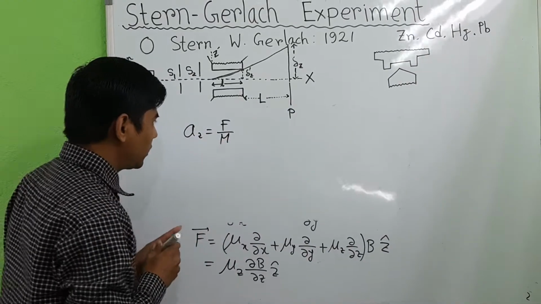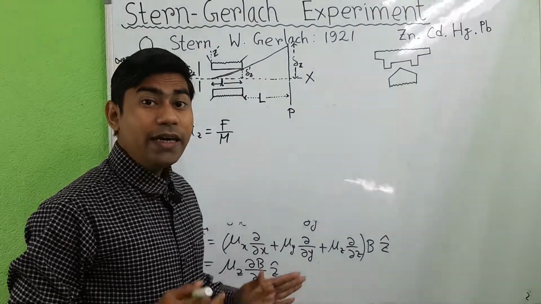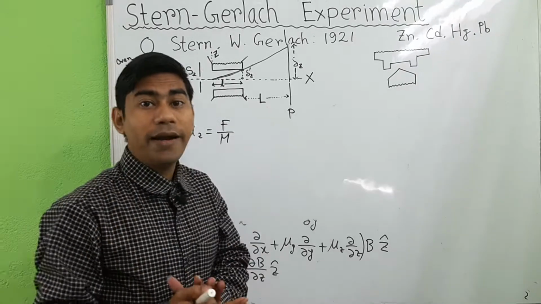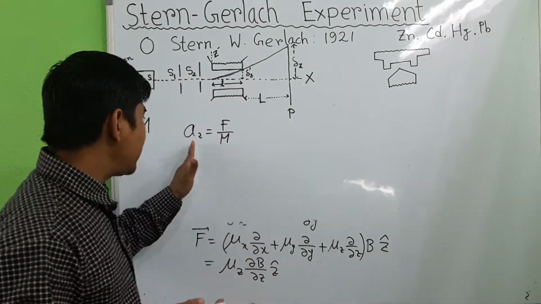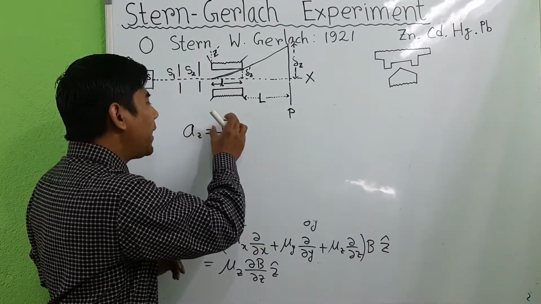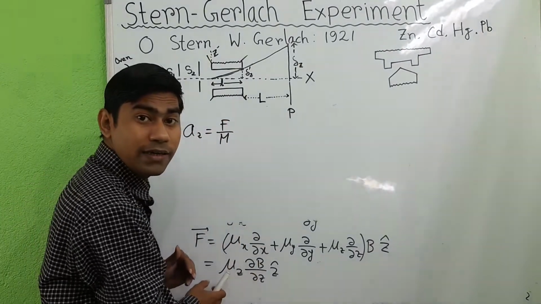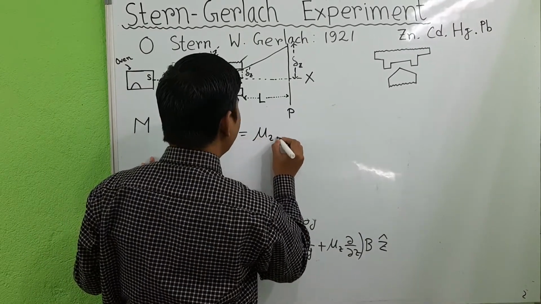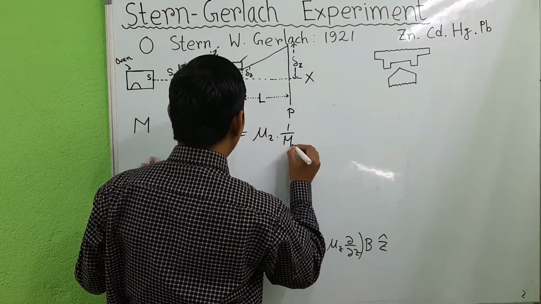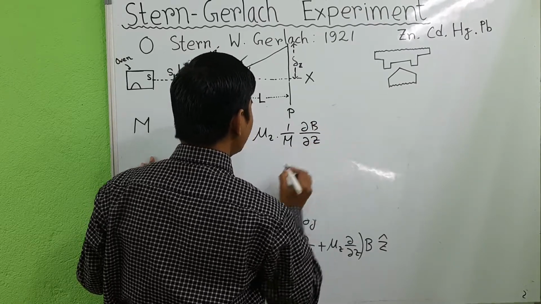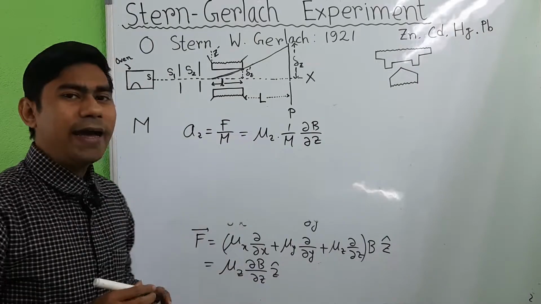If we put the value of F from the previous equation, we get Az equals mu z into 1 by m into del B del z. So, this is the acceleration.